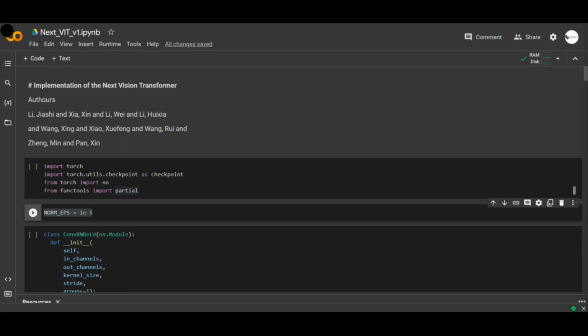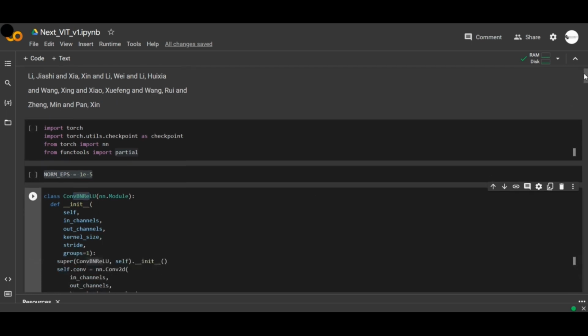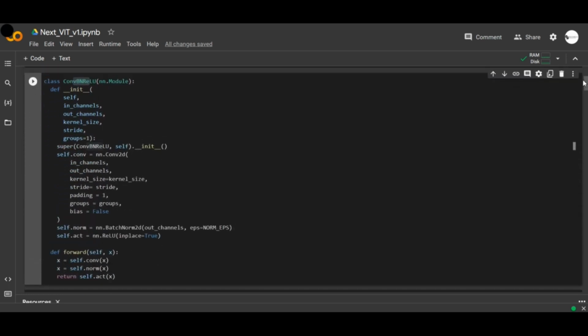The second component that we look into is the convolution batch norm ReLU. This is a standard convolution whereby we have a convolution and a group. This group parameter enables us to split the input channels into multiple groups, and we can apply separate convolution operations.